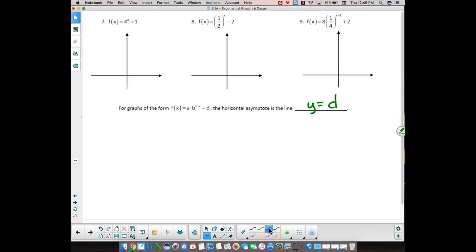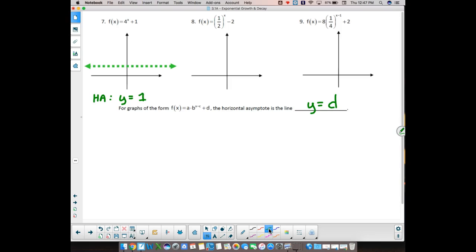So, number 7 here. First off, I like to start with my horizontal asymptote because that's going to tell me up or down where this one goes. On this particular one, the horizontal asymptote got shifted up 1, so it's at y equals 1. Agree?